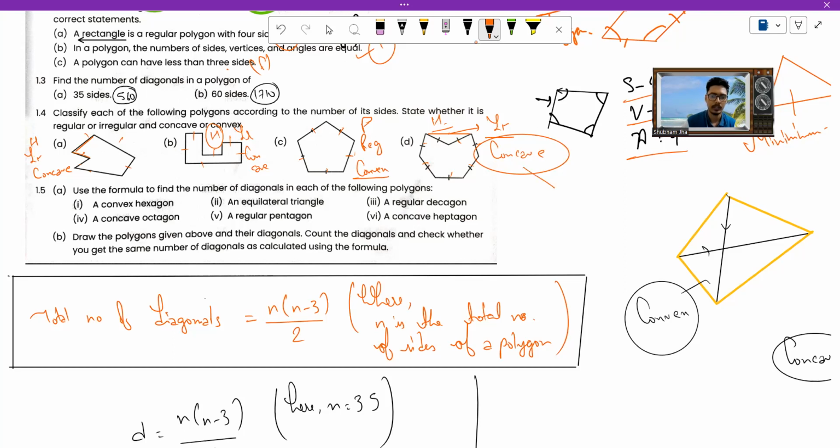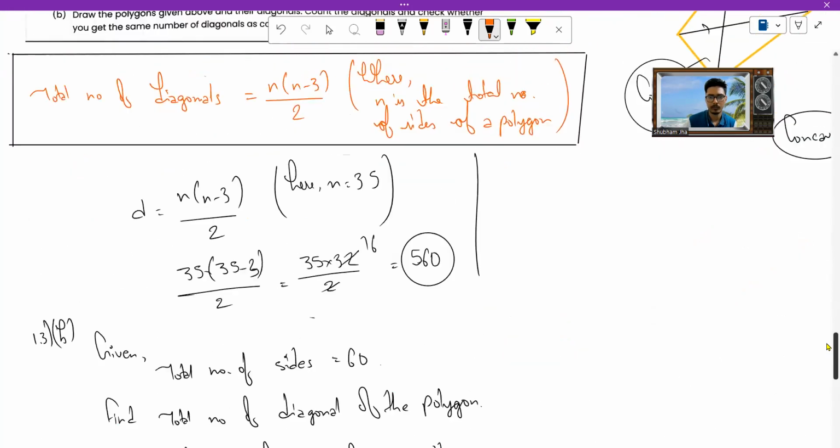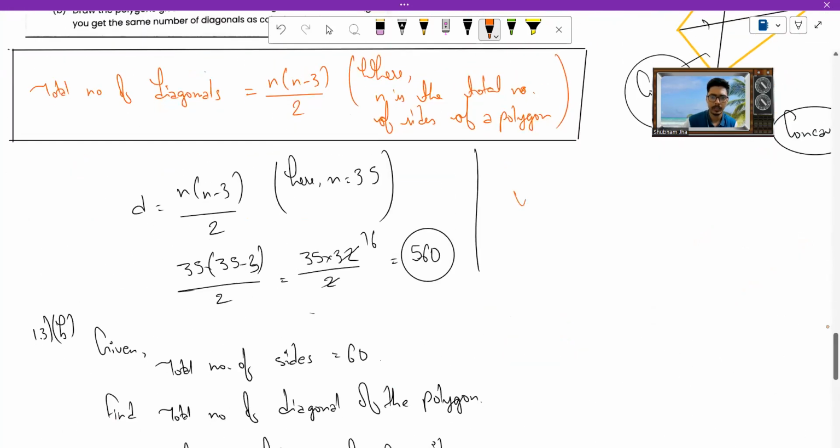If I have to write it in language, we learned that a concave polygon can never be a regular polygon.